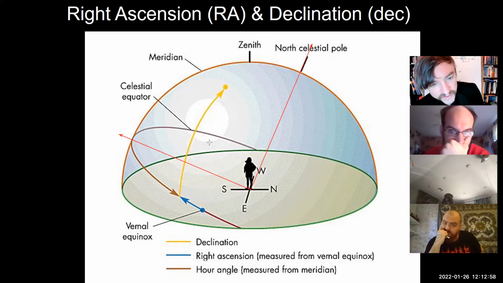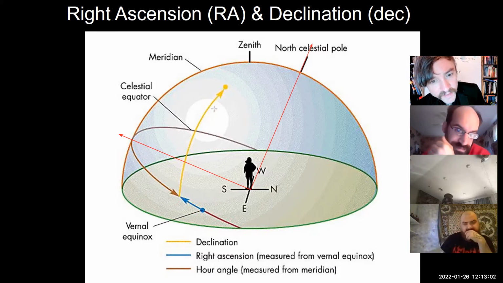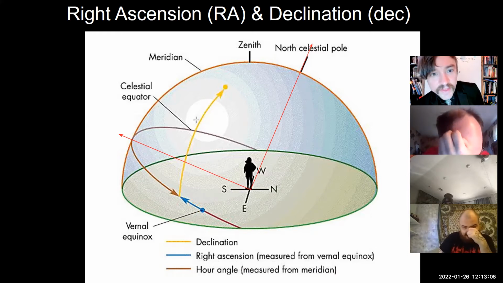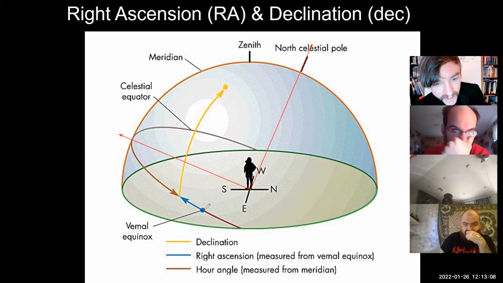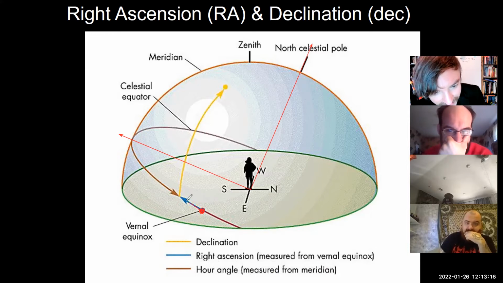First, you have to know where your celestial equator is, and then if you have a star, you'd go degrees up from the celestial equator. That could be kind of confusing. Here, the illustrator has screwed up. They claim that this is the spring equinox, but they're measuring right ascension from the spring equinox this way, seen from north.